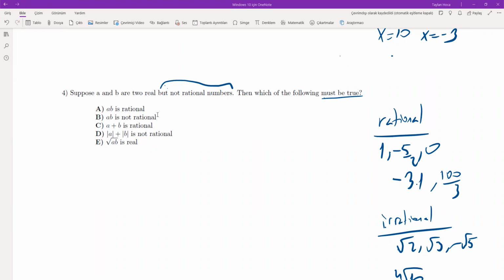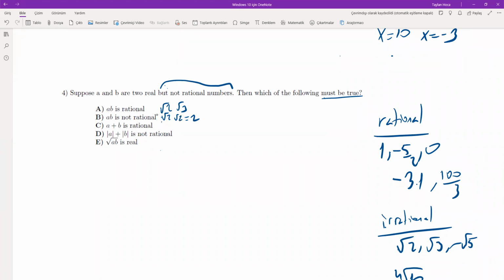Does their multiplication have to be rational? No. For example, square root of 2, square root of 3. Does their multiplication have to be not rational? No, again. Square root of 2, square root of 2, which is 2, which is rational.